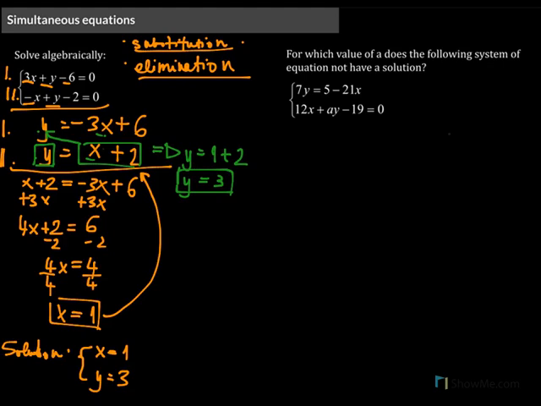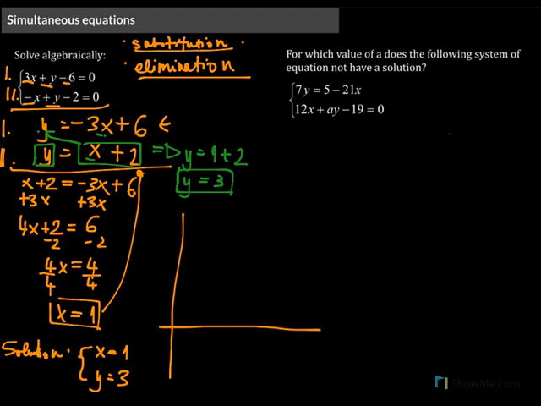And I mentioned the graphical solution, so I'll just sketch very quickly what these lines look like. Let me get rid of this so that I have more space. I will use the slope-intercept form, so these two, and I have y-intercepts 6 and 2, so I will be good with the positive part of the coordinate plane.